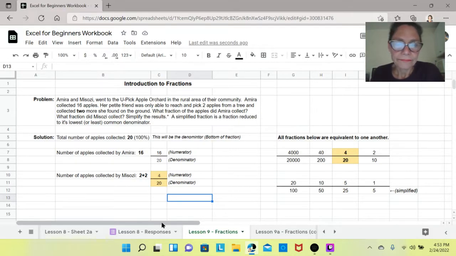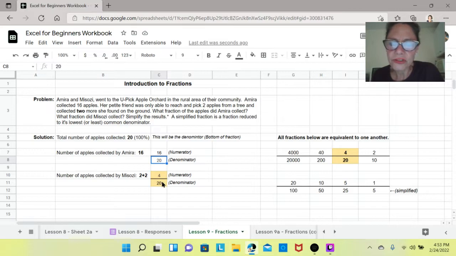So that's that. But now we have to simplify the results to the lowest or least common denominator. The 2 denominators have to be the same. Now the way I do it, if you're really good at math, like memorizing fractions in your head, you find how many times, if it's possible, the number on top goes into the number on the bottom.